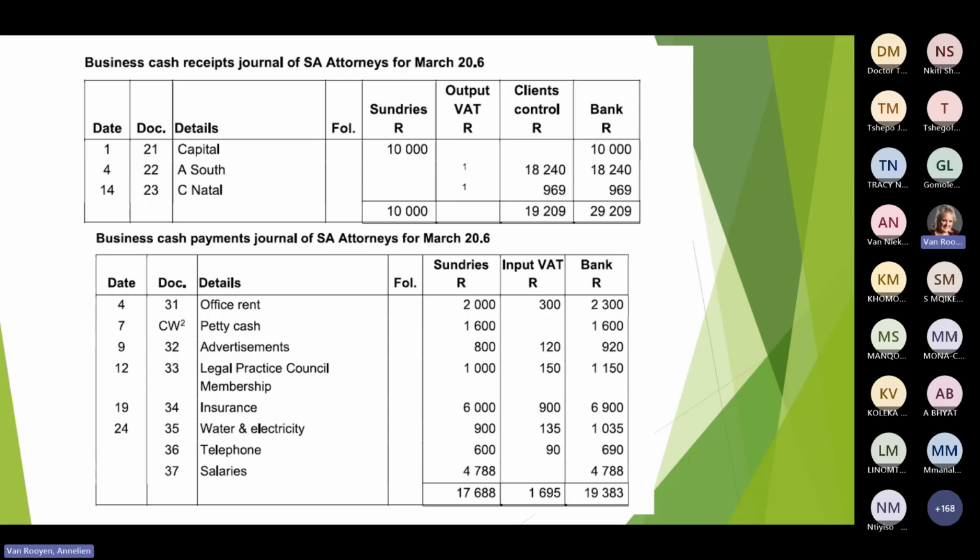The question indicates that you must show your input VAT separately and your output VAT, should there be anything, and you need to pay this over to SARS as a liability. Whereas some questions will tell you he's not registered for VAT, then you won't have this column in your solution.